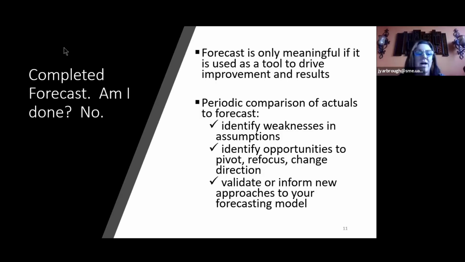This will help you identify where there were weaknesses in the assumptions. It can identify opportunities for you to pivot, refocus, and change your direction in your current strategies. And it also can validate or inform new approaches to your forecasting model.